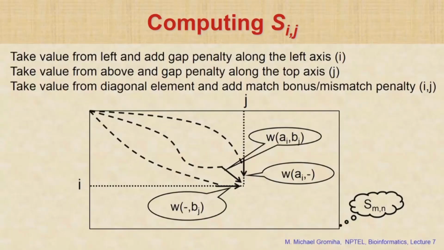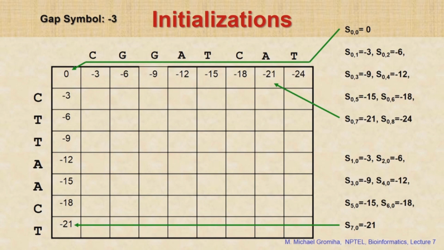So, here take the value from the left and add a gap penalty along the left axis, or take the value from above and the gap penalty along the y axis, or take the diagonal and take the weight, whether this is match or mismatch. So, how to do that? First we give the gap symbol minus 3. So, we initialize first. We give minus 3, and if we completely gap, then we give this minus 24, along both axes.